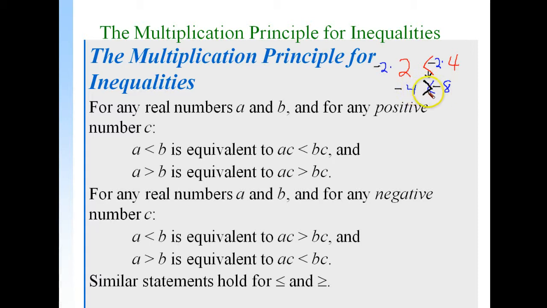That's a true statement. And this happened because we multiplied by a negative. Or if we were to divide by a negative, the rule is, in so doing, we reverse the direction of our inequality sign to keep it true. And that's what they're saying here. Okay? And this is the proof of it.